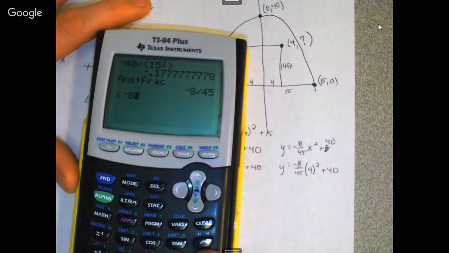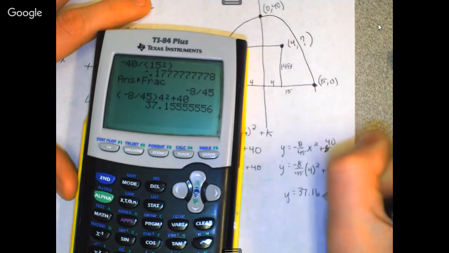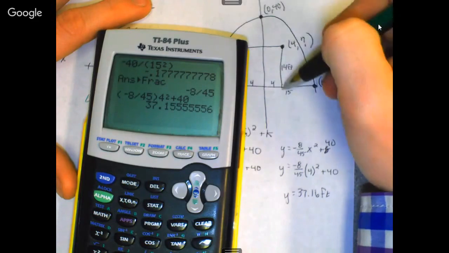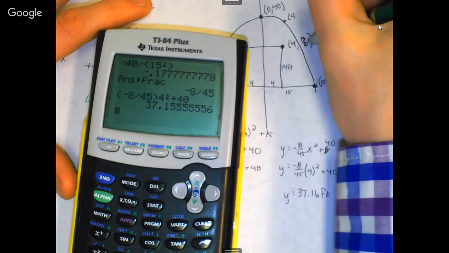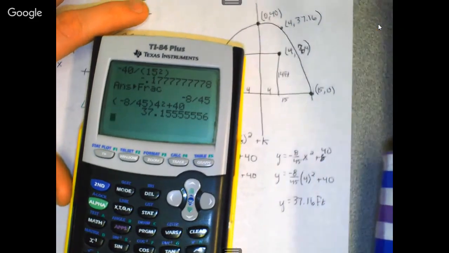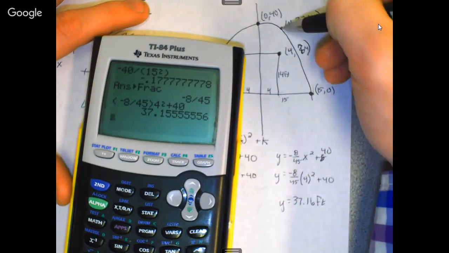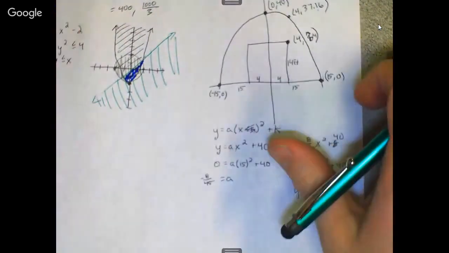So y is 37.16 feet. So this is telling me that the parabola at 4 is 37.16. Okay, so if this is only going 14 feet high, but my arch there is 37 feet high, then I will for sure make it through the tunnel.